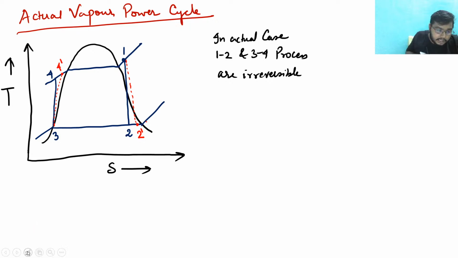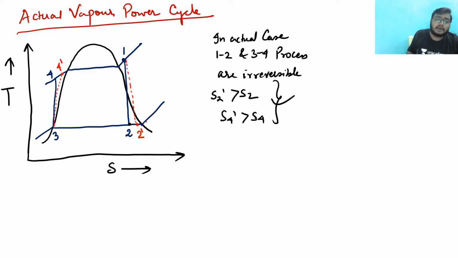There is a logic why this is happening. In any irreversible process, entropy will increase. Now see the entropy at point 2 and point 2 dash. Entropy at point 2 dash is increasing, right? Definitely I can say that S2 dash is greater than S2, and S4 dash is greater than S4.